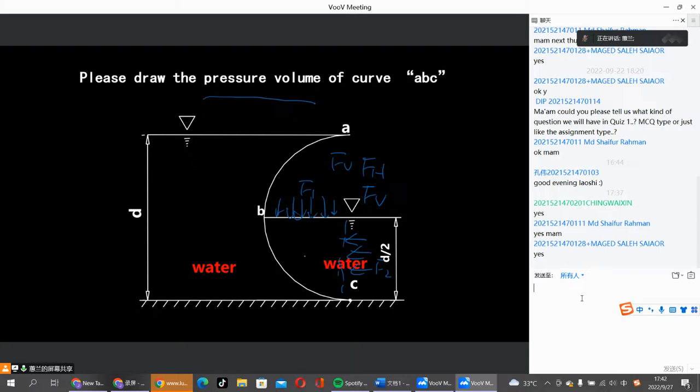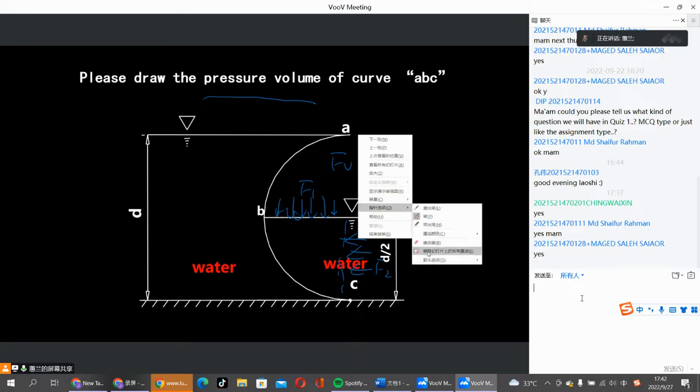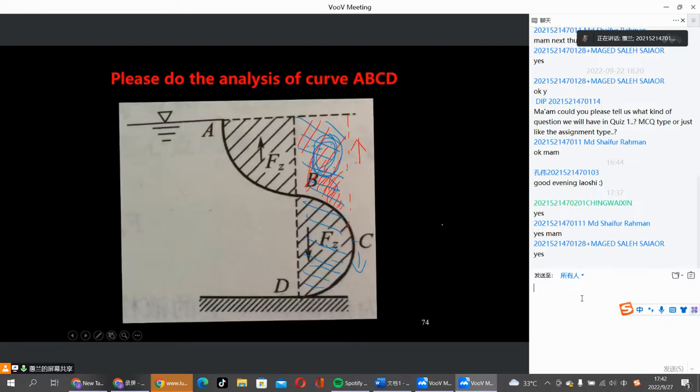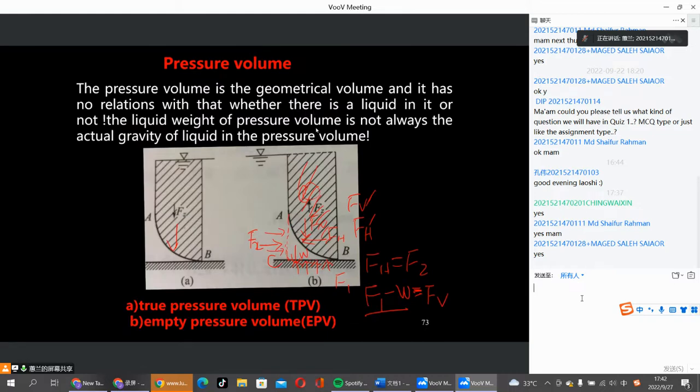So can you tell me the pressure volume? The pressure volume is actually from the curve above the curve BC to the free surface, right? The pressure volume, just like here. Okay, we just continue.